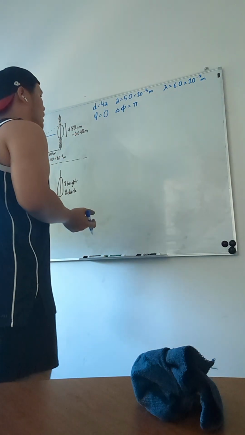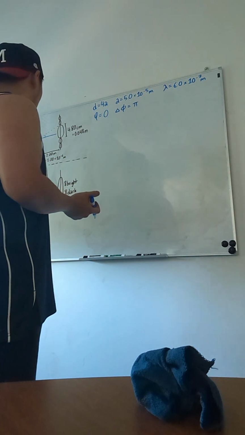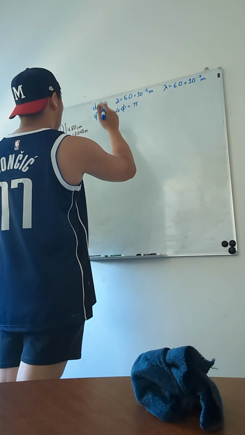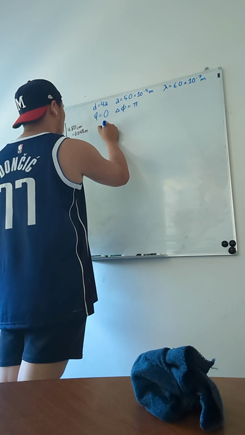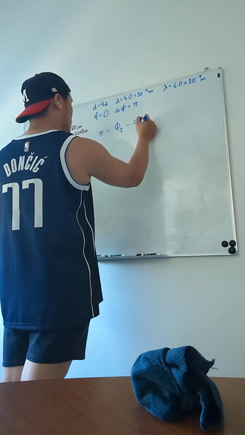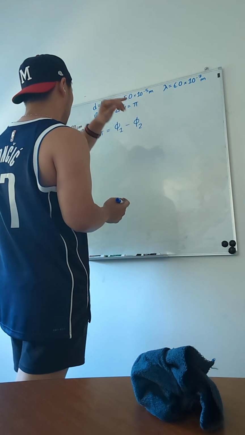So why does that matter? We can use that to determine n. So delta is equal to pi, which is phase 1 minus phase 2. So now what do we do for this?